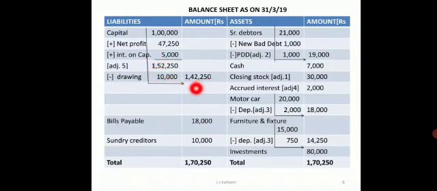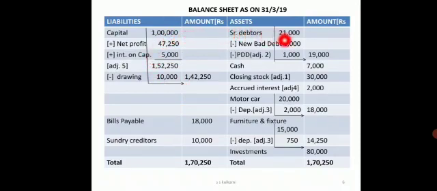So my total capital will be 1,42,250. Next I have the other liability, bills payable, which is 18,000. We have creditors 10,000. So all my capital and liabilities will be shown on the liability side of the balance sheet.